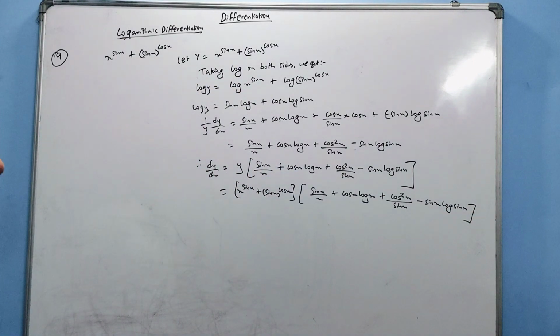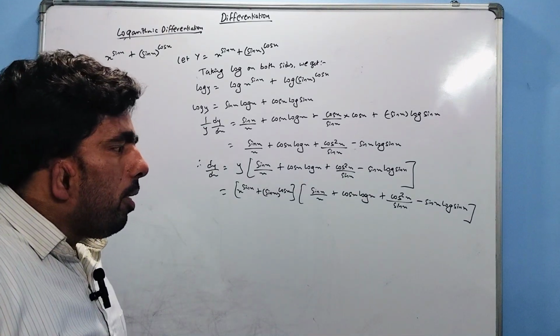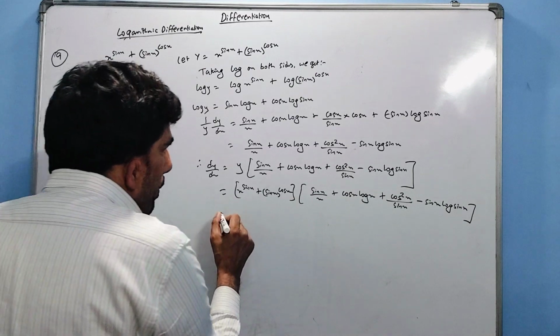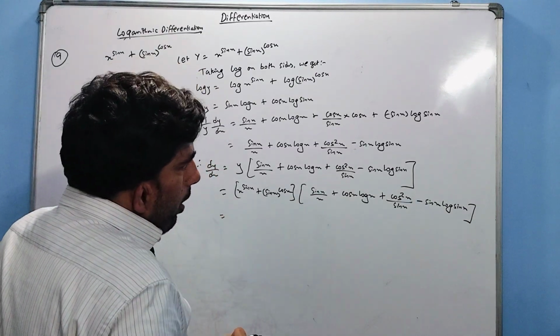So that is how we can solve the numerical. The next step: I can multiply here and find the value.